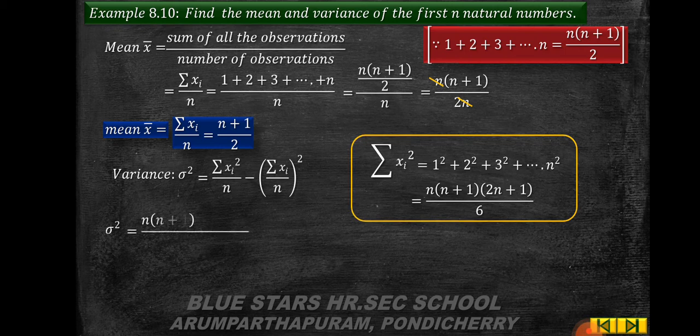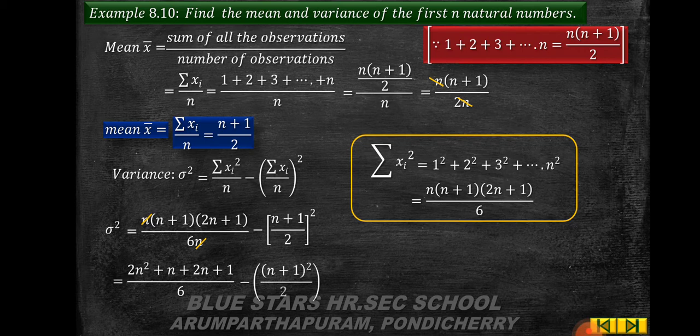So sigma square is equal to n into n plus 1, 2n plus 1 by 6n, because already you have n in the denominator, minus n plus 1 by 2 the whole square, because already we found mean x bar. So n gets cancelled.